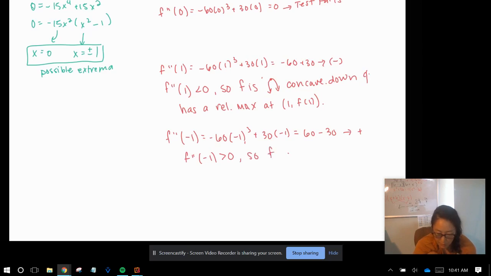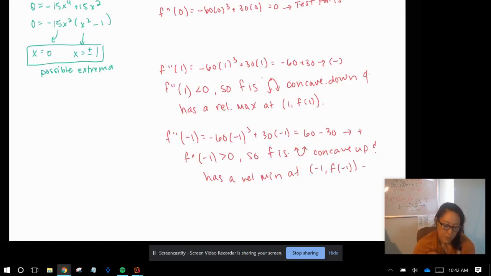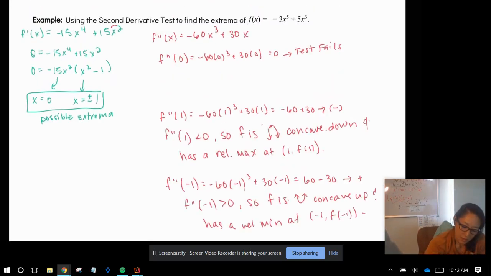So f is concave up. And when the graph is concave up, it has a relative min at negative 1 comma f of negative 1. Ba-bam.